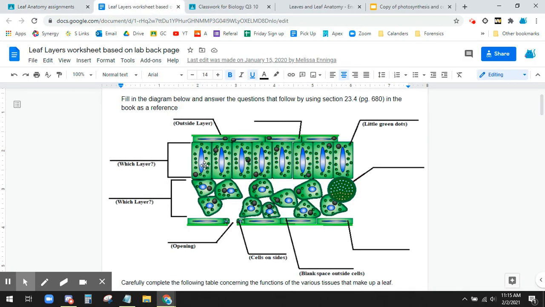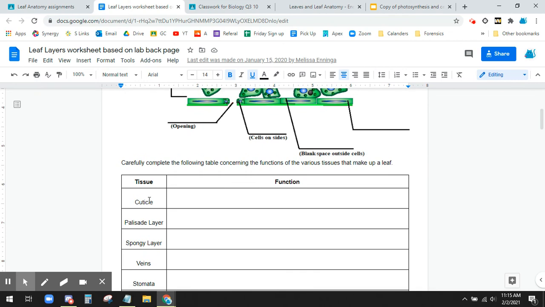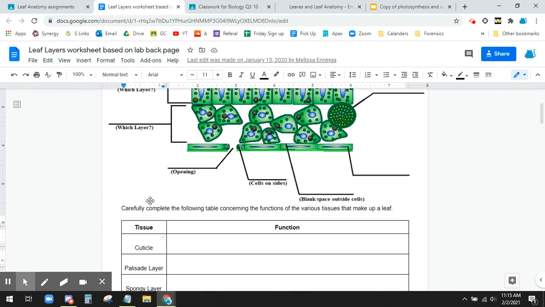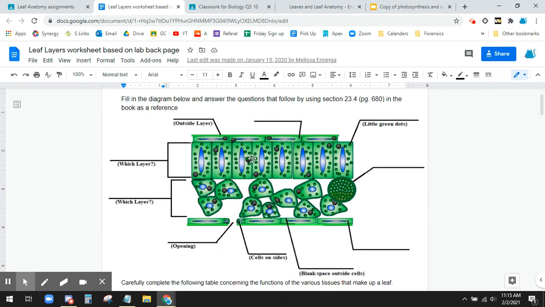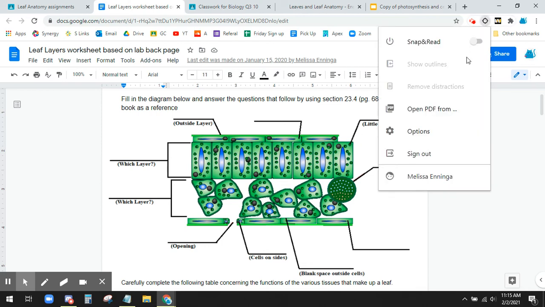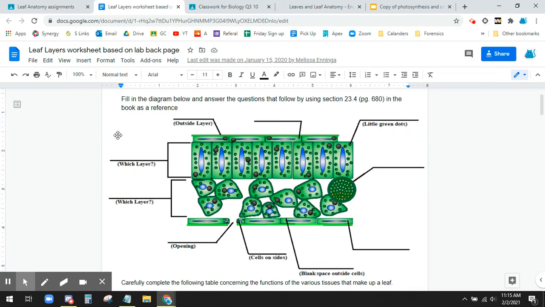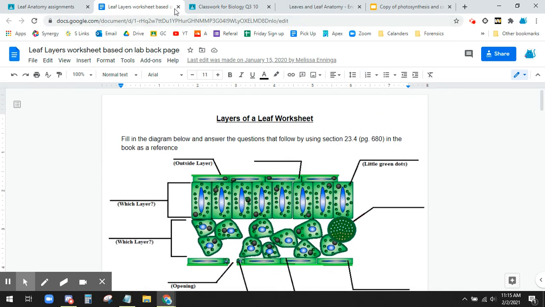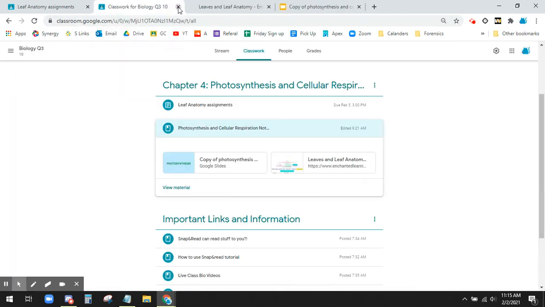And for this one, you can label it here where you find each of those, or if you have Snap and Read, you can use that to load up a copy of this and write on it. Okay? So I'm just trying to provide some insight for those of you who are lost with this assignment, to see what you should be doing and where you can find all your information, okay?